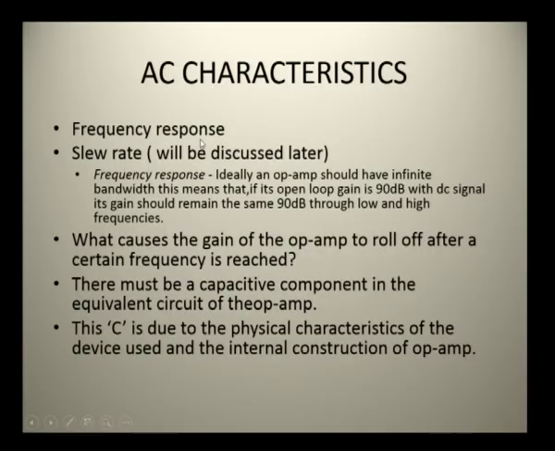So about this frequency response, if we consider the capacitance effect as 1, the roll-off rate is minus 20 dB per decade, and if it is considered to be 3, then the roll-off rate is minus 60 dB per decade when you increase the frequency. What do you mean by minus 20 dB per decade?